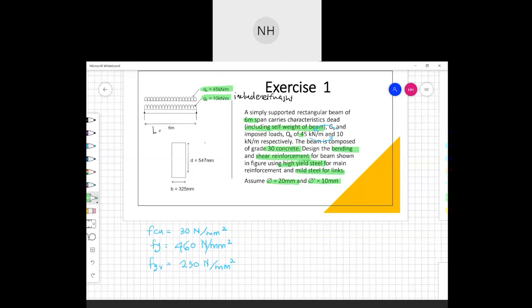Kita pakai je whatever given here. And also dekat sini dia dah bagi D and also B, dah bagi breadth, dah bagi effective depth. So kalau you tengok kat sini, this exercise is almost sama macam example 2.